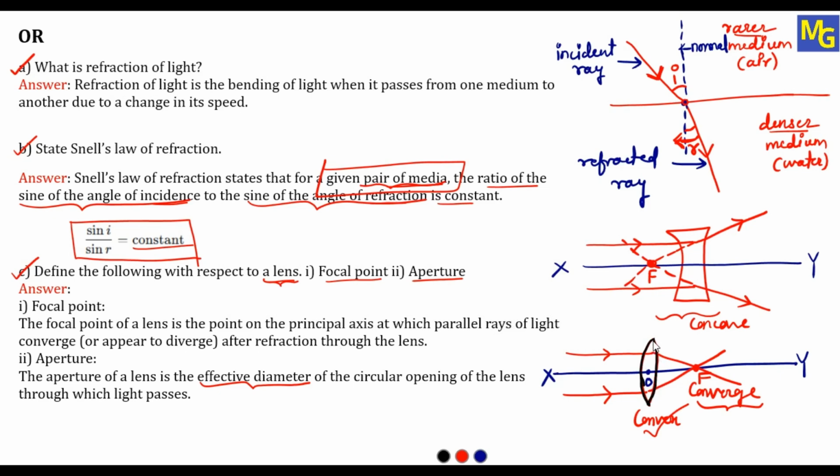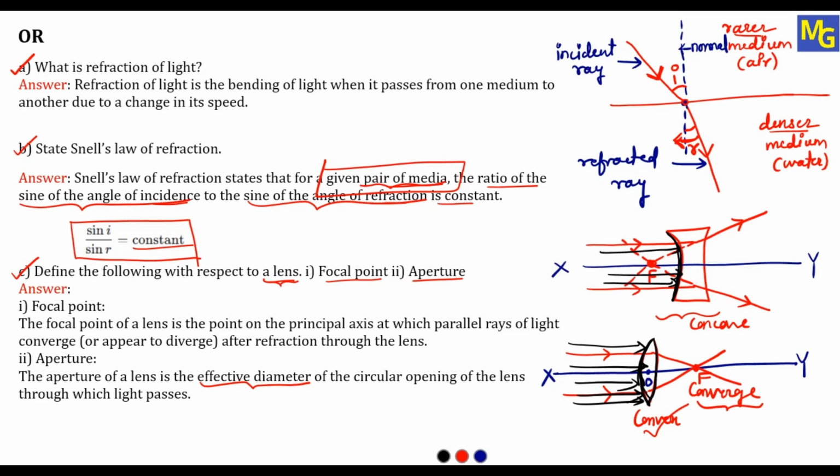Whatever effective diameter or effective surface from where the light can pass, that surface or that diameter is called the aperture. So this is the aperture for a convex lens, and for a concave lens, if this is the area where the light is going to refract, then this is called the aperture of this concave lens. So I hope you understood the answer for this question.